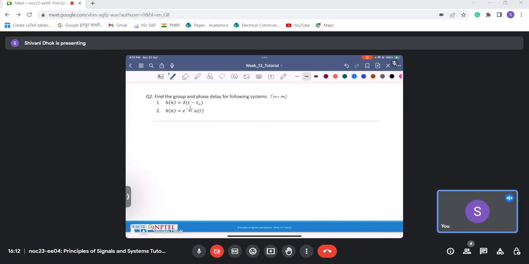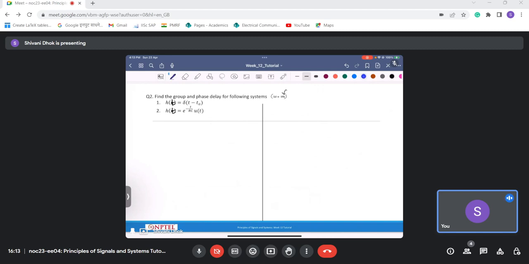So now let us look at another question. I have been given the impulse response of two systems, and let's say I have a single tone input of frequency omega naught, and I need to find the group and phase delay for this.